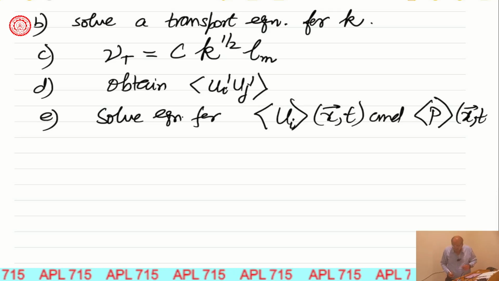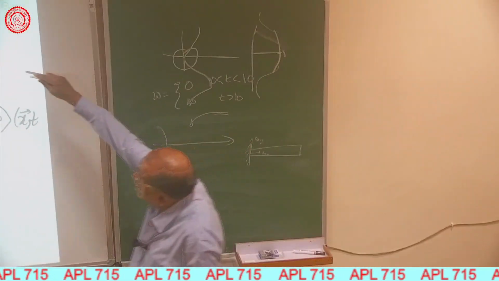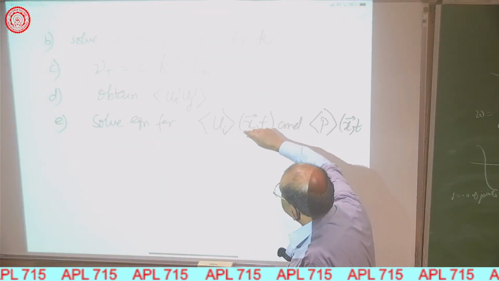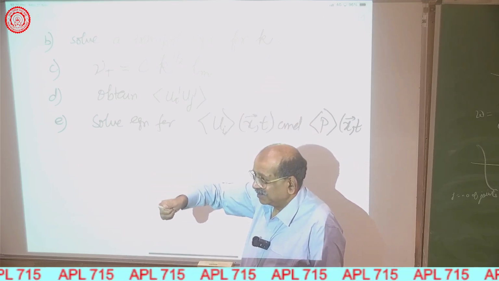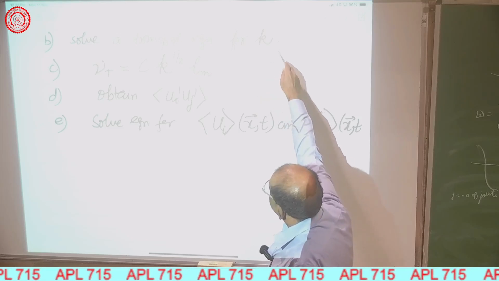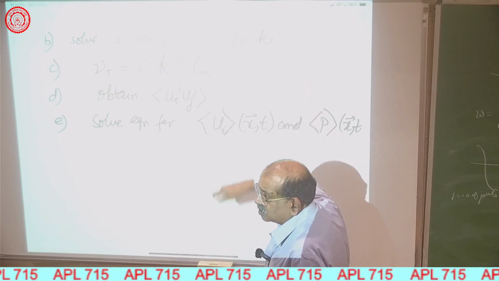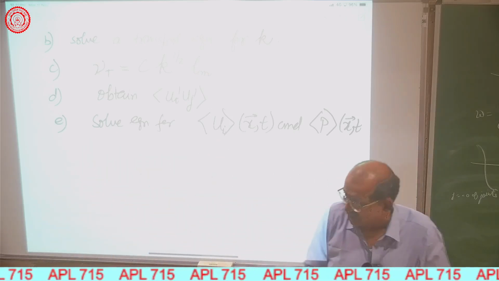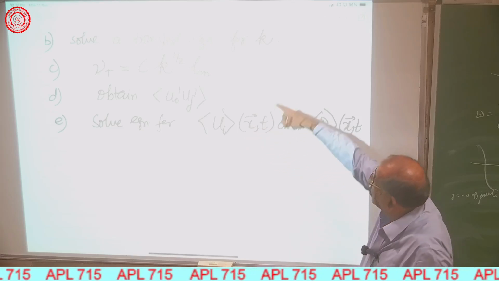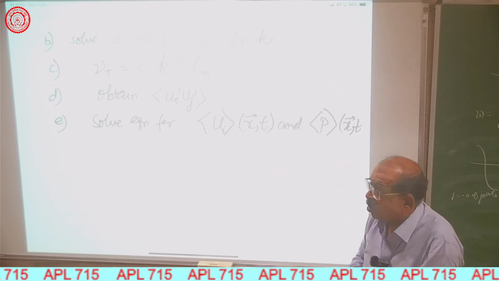Of course, steps B and E will have to be done together because the equation for K will contain mean velocity. So it is something like you solve the 3 components of the velocity together because they are all intermixed. Similarly, a K equation will also come along with them.